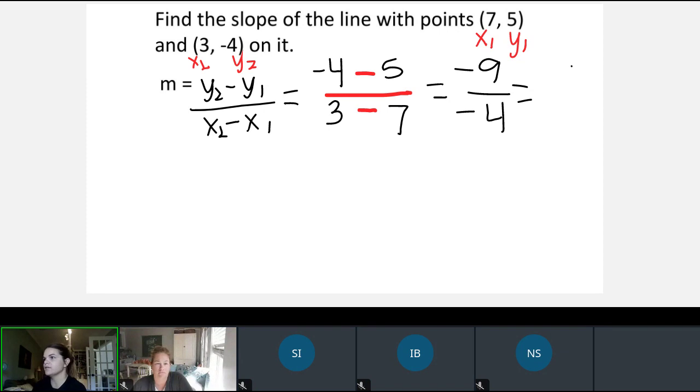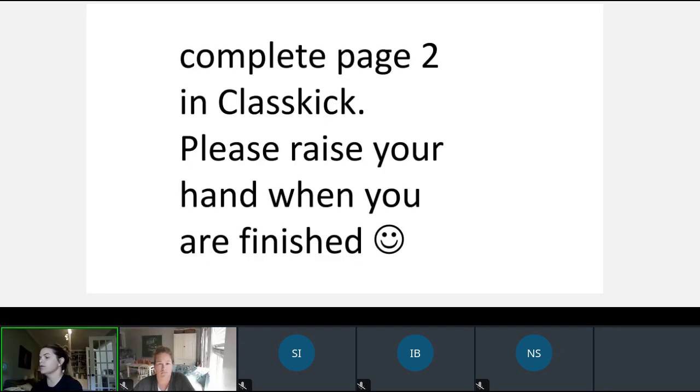Yeah, good. It turns positive. So then our slope for this one would be 9/4. Exactly. Turns positive. Okay, so what I need you to do now is go to page 2 of your Class Kick slides, and you're going to use the slope formula to calculate slope. And then raise your hand for me when you're finished and you're ready for me to check it.